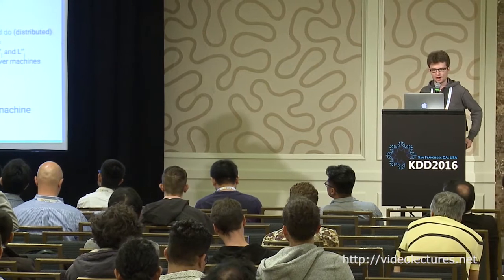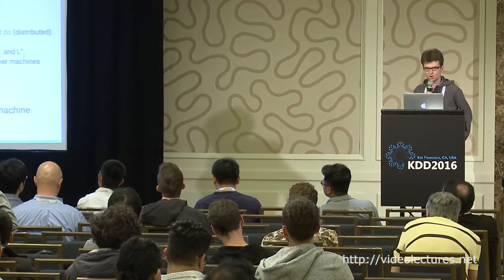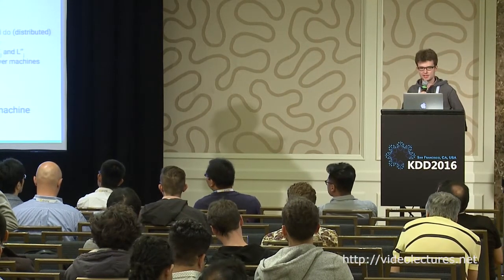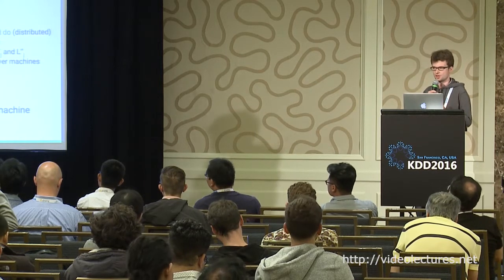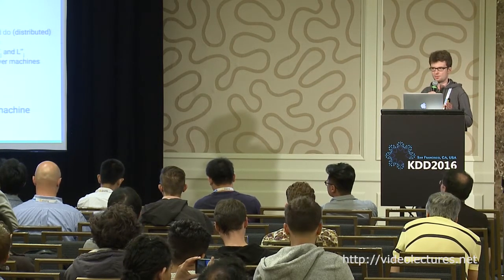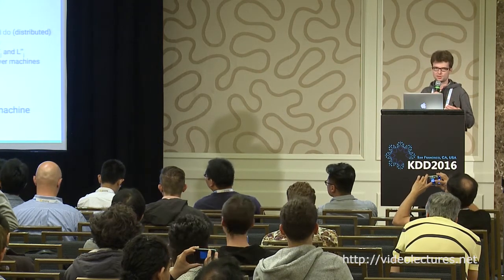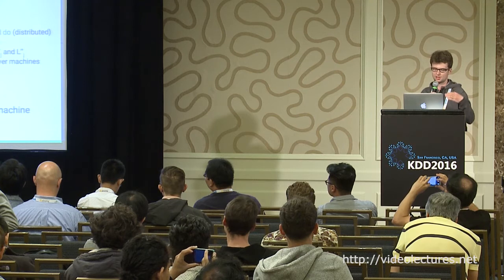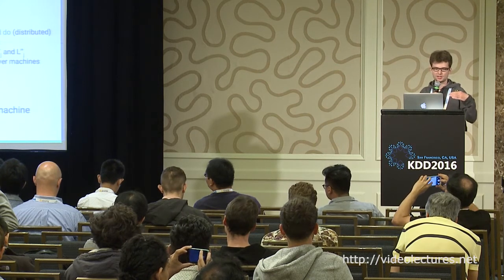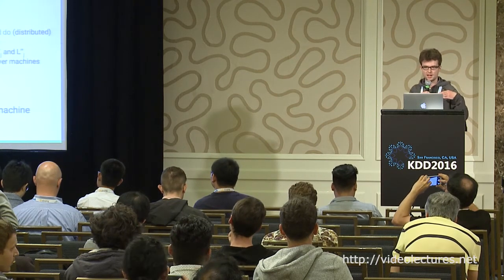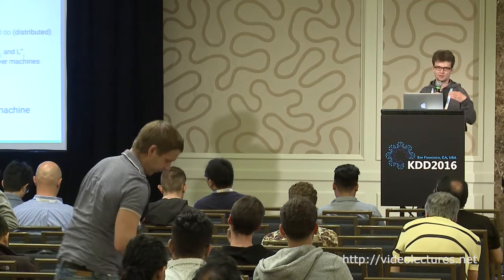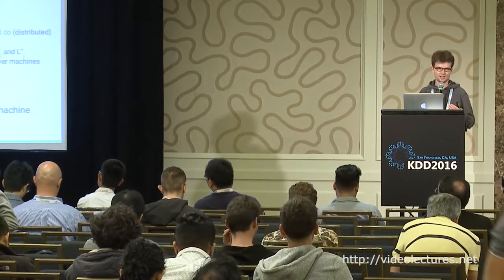And now let's have a look at how we can distribute this. The idea is still we go one block at a time. So the distribution is not done over blocks, but the distribution is done over examples. We shard the examples into several example shards, and the sufficient statistics of the examples are computed in a distributed way.